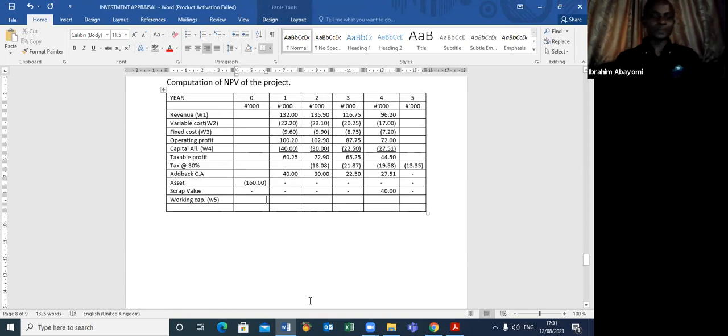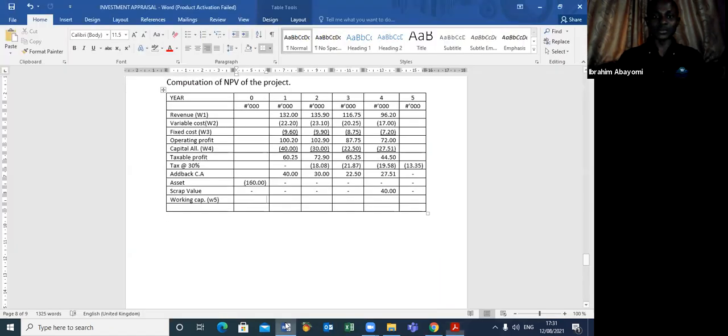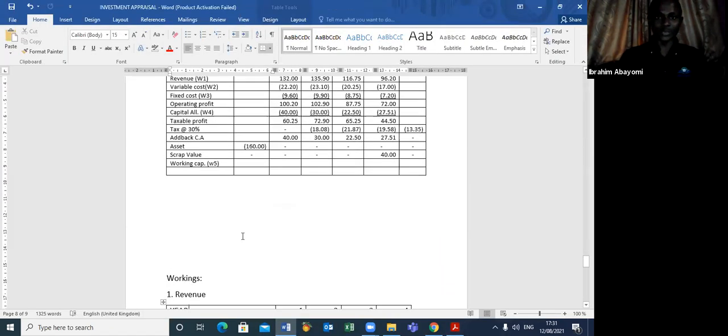Let's go and pick the information on our working capital. The project will require working capital investment equal to 10% of the expected sales revenue. So our working capital is 10% of expected sales. Let's go and do that.